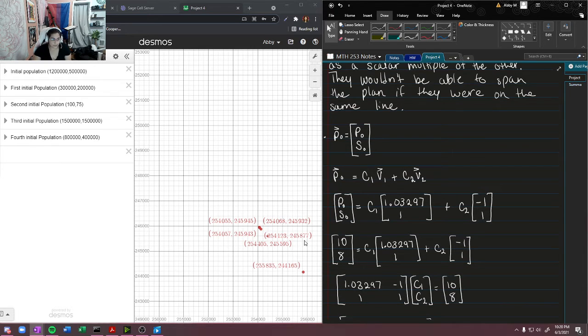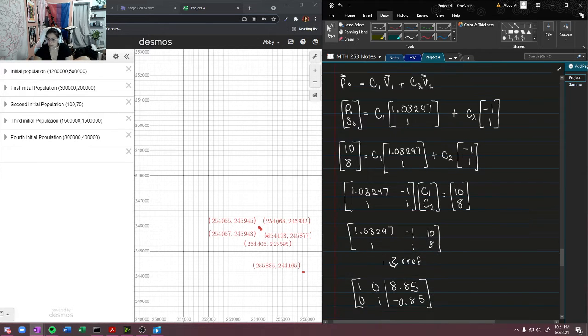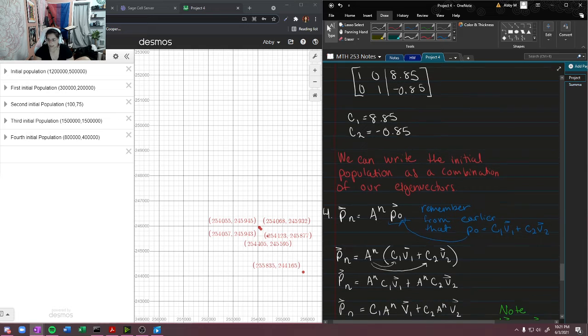So then we wanted to show how we could write the initial population as a linear combination of our eigenvectors. So I show that here, and using that information, we then wanted to figure out a formula for the population in so many years in terms of our eigenvectors.